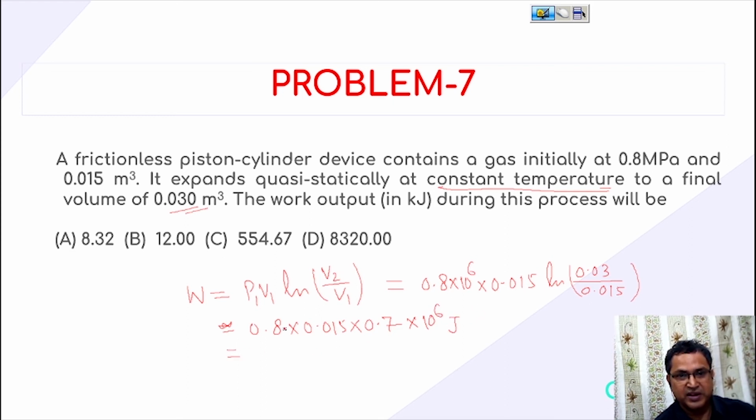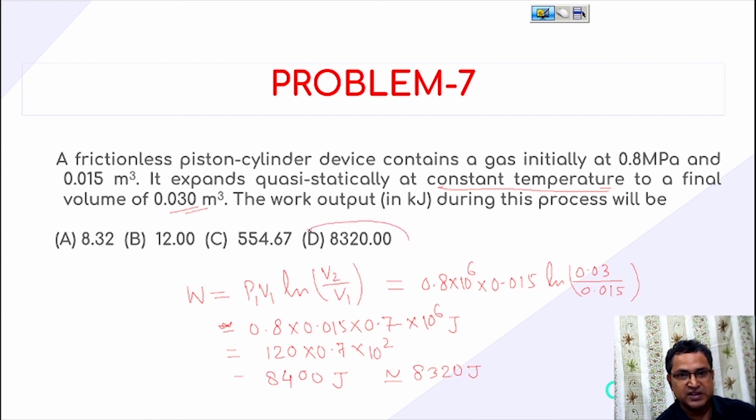So 0.8 into 0.015 into 0.7 into 10 raised to power 6 comes to 8400. This much amount of joule. So the approximate value will be 8320 joule.